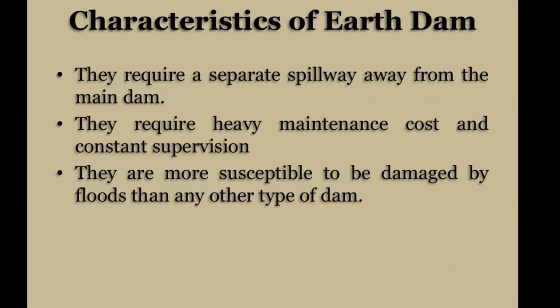They require a separate spillway away from the main dam. Now what is a spillway? Spillways are generally provided within the structure of the dam, or away from it, to drain off the excess water that is present in the dam.